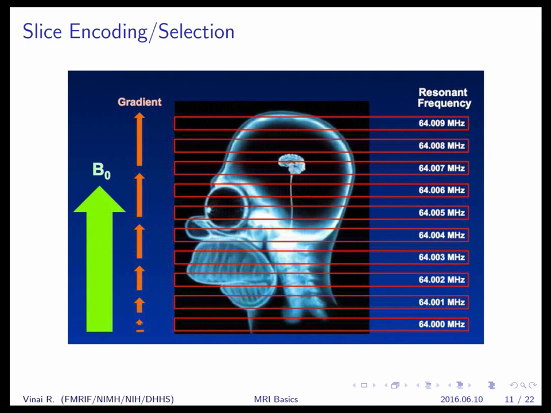Well, that's if Homer had a normal-sized brain. Oh, it's a brain. 7, 8, 7. So in this case, Homer's brain just lies within this single slab of frequency here. So if you want to excite and visualize this, this is the only frequency that lets you see that slab of tissue. Okay.